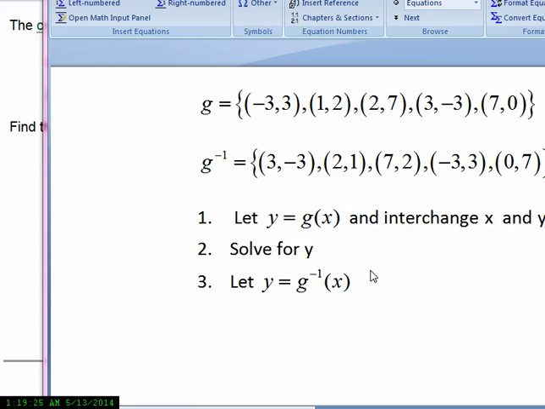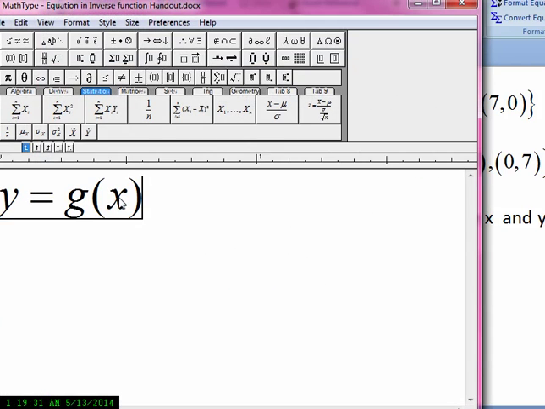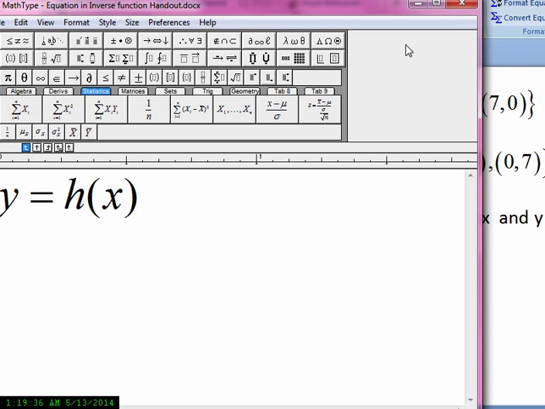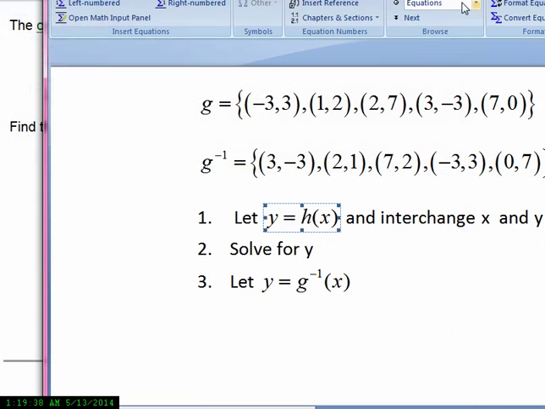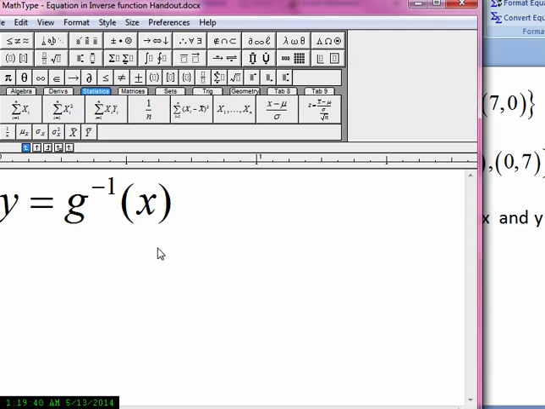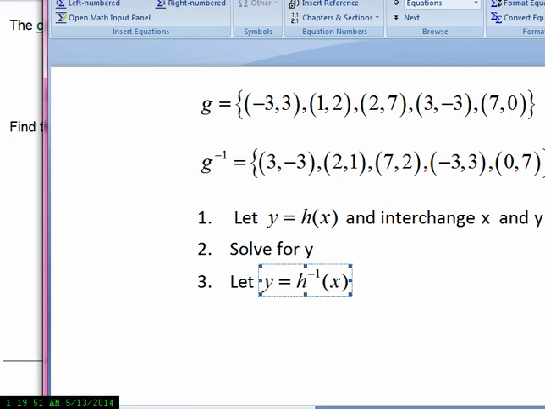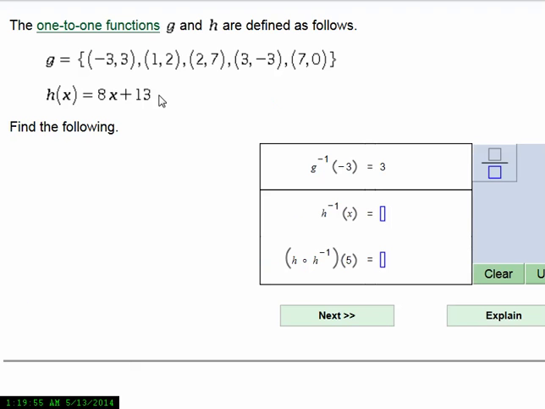For our particular case, the function is h of x. So instead of letting y equal g of x, I'm going to let y equal h of x. I'm going to change this to h, and then I'm going to change this to h inverse because they ask us to compute h inverse. So our problem, h of x is given by 8x + 13.